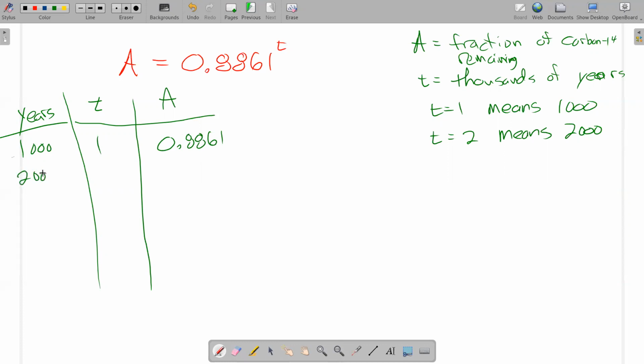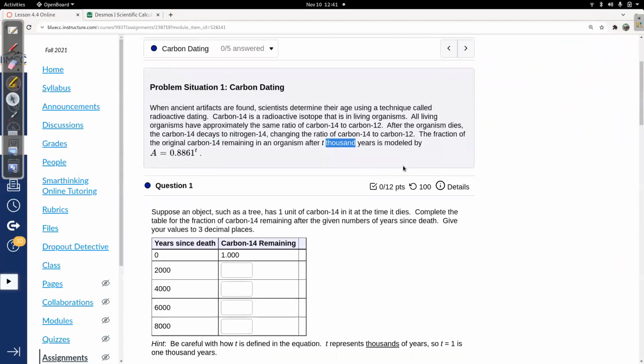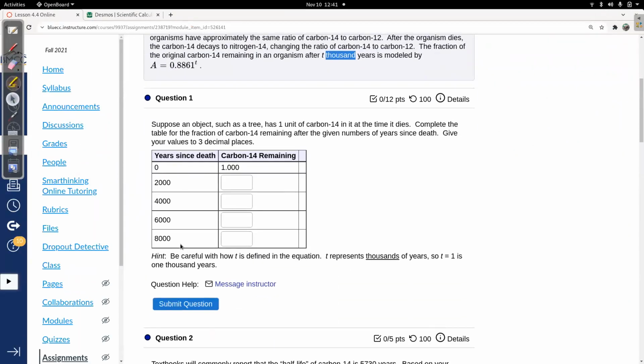If 2,000 years went by, T would be 2, and we'd have to say, okay, what's this to the power 2? So I need to ask a calculator about that. Right, and that's similar to what's going on here. They didn't ask about 1,000, they just asked about 2,000. So I'll jump to 4, 8, 6, and so on after that.